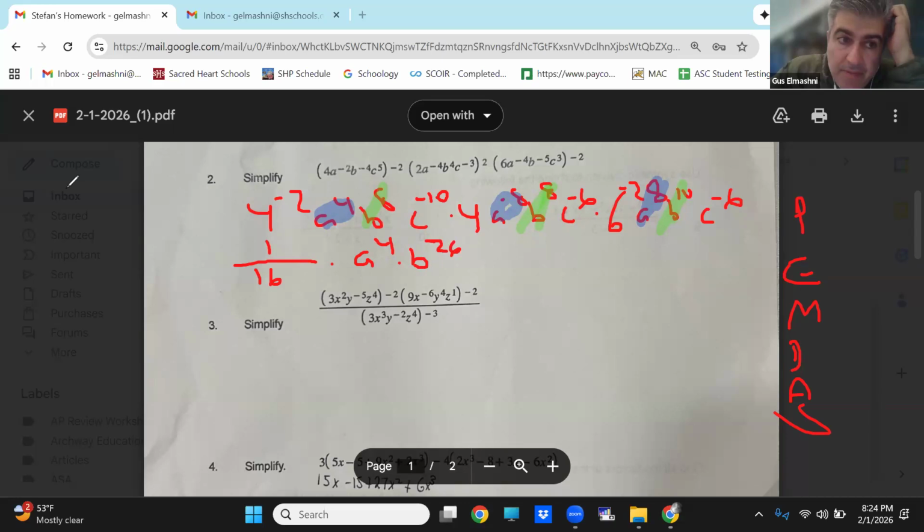And lastly, we'll go purple. D -10, C -6, C negative 6. So what happens when you combine that? Negative 10, negative 6, and negative 6.